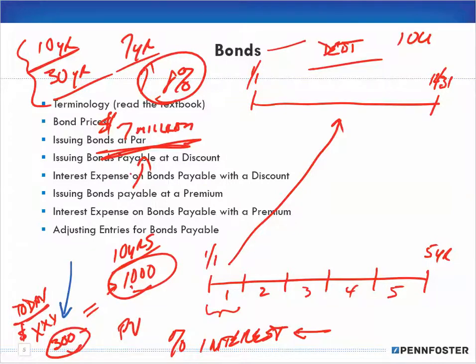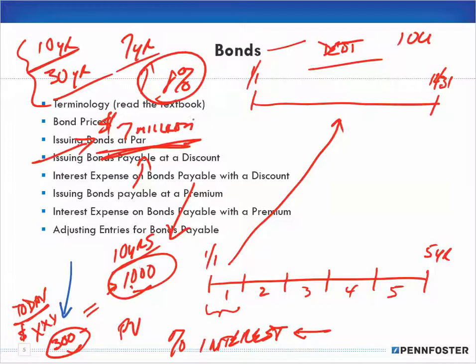So they have to sell a lot more in bonds in order to raise the 7 million. Down the road, they're going to have to pay back the face value of all of those bonds. Remember, it's an IOU. I owe you $1,000.